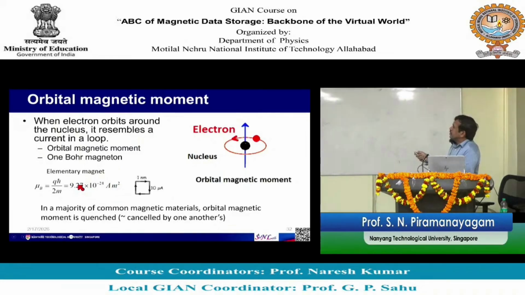Basically, that is equivalent to sending a current of 10 microampere through a wire loop of 1 nanometer dimension. So, you have a square loop and you send a current of 10 microampere, then you will produce one Bohr magneton. It is such a tiny value, and this is the elementary magnet.